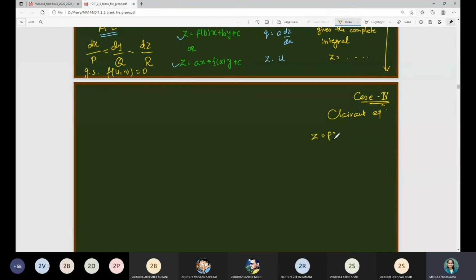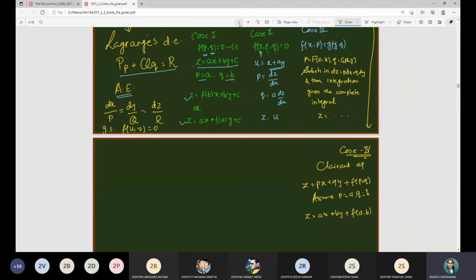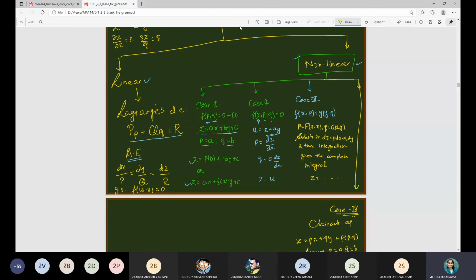So z is equal to px plus qy plus some function of p and q. Assume p is equal to a, q is equal to b, z is equal to ax plus by plus f of a comma b will be the complete integral. That is what case 4 is. Okay. So अब तक आप लोगों ने जो भी किया वो पूरा यहाँ पर आ गया.